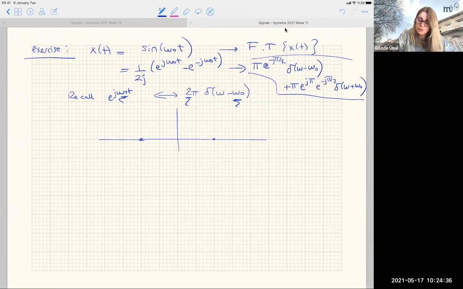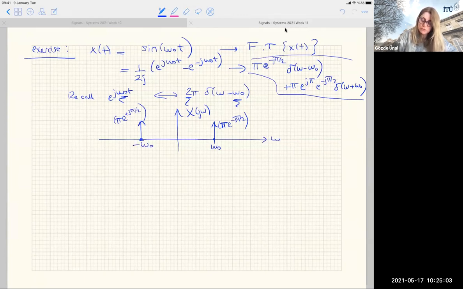Here it's just the first fundamental frequency, but X of j omega you see here is pi e to the minus j pi over 2 at omega 0. It's another impulse at minus omega 0, this time pi e to the plus j pi over 2, right? It's a complex conjugate of each other. Remember these coefficients.